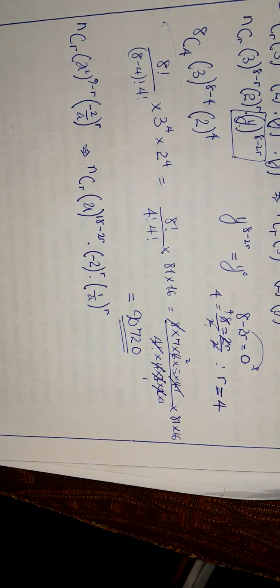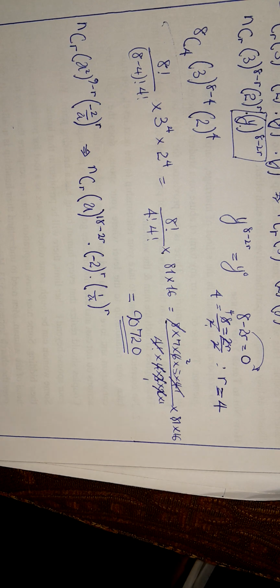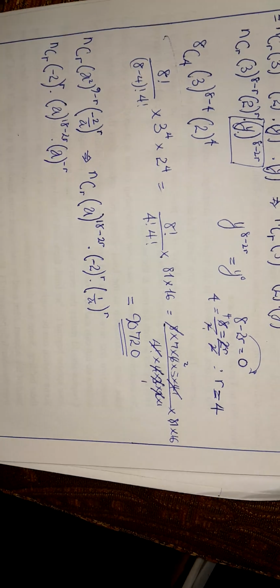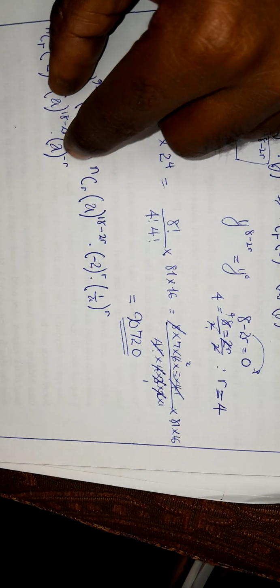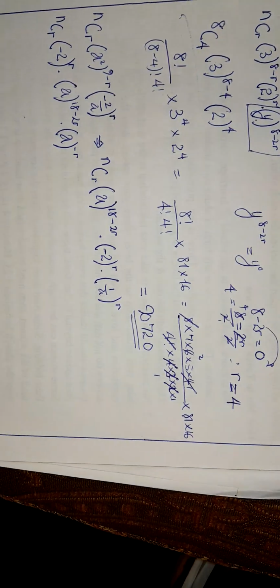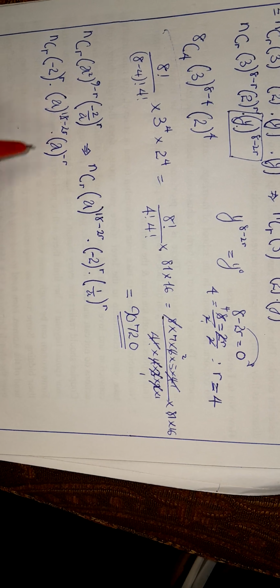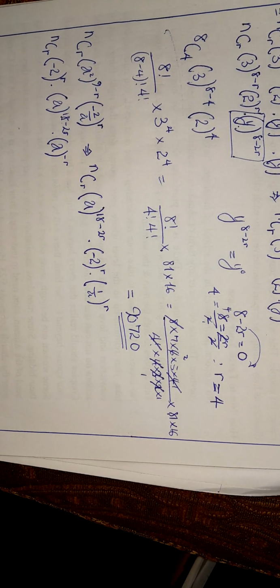So the next step is I'm going to pick everything that contains a, and it will look like this. I've kept minus 2 here, so that's what I'm having. And this will now give us 18 minus 2r minus r.